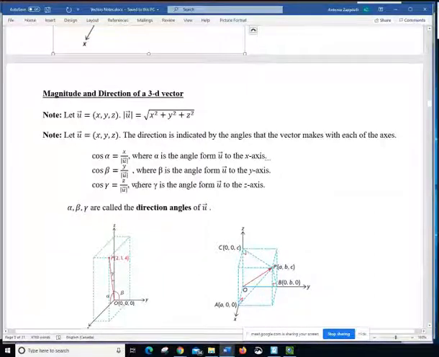For example, if my vector was 2, -3, 5, I know that my angle to the x-axis should be acute, the angle to the z-axis will be acute, but the angle from the y-axis should be obtuse. If you don't get that, it means you probably inputted something incorrectly into your calculator. Right, okay.